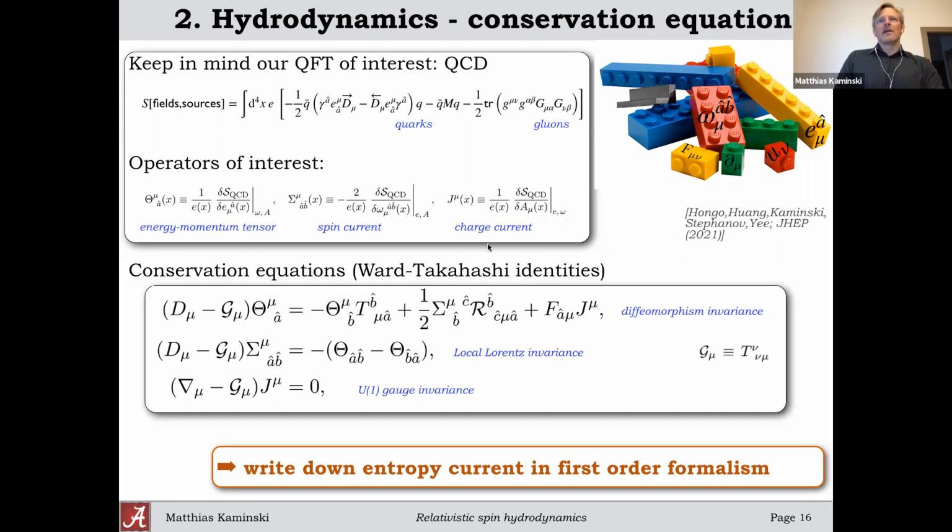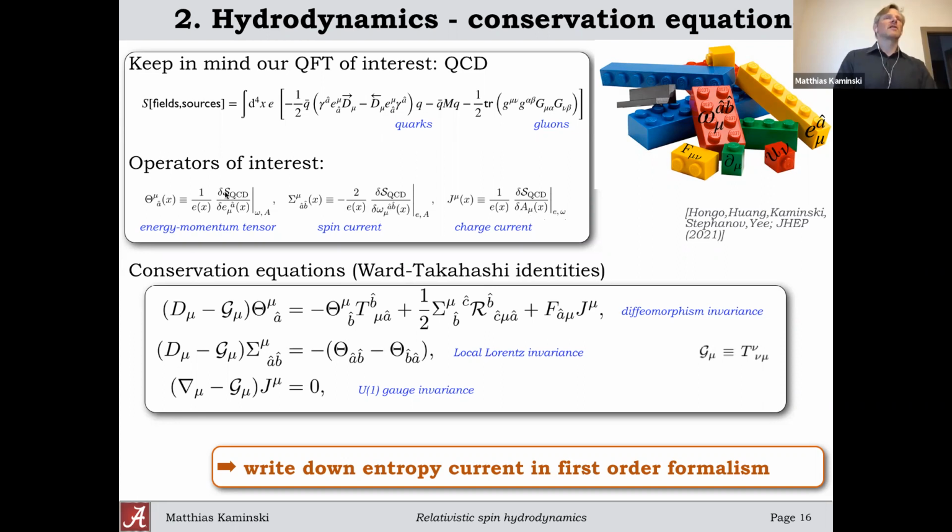Let me start from the right because it's simpler. I should have put QCD here, so I will refer to this action as S_QCD. The ones that we're interested in are, first, the charge current, let's say a flavor current, for example, or baryon current. Then a spin current, which, as we said before, is defined by variation with respect to the spin connection.